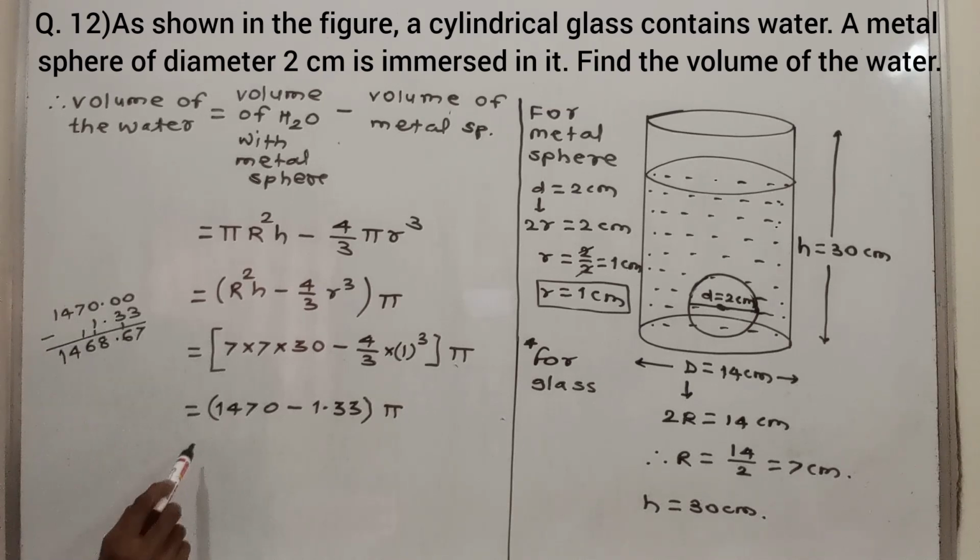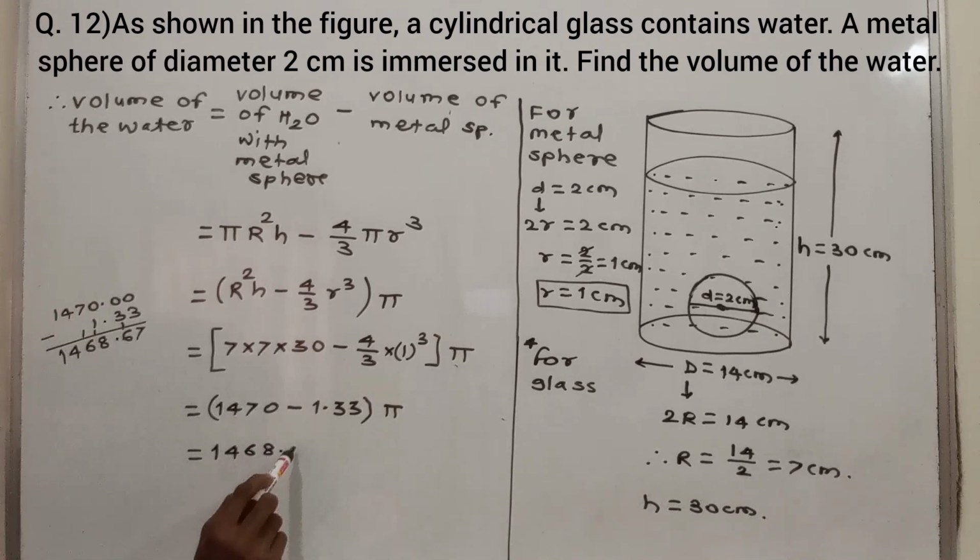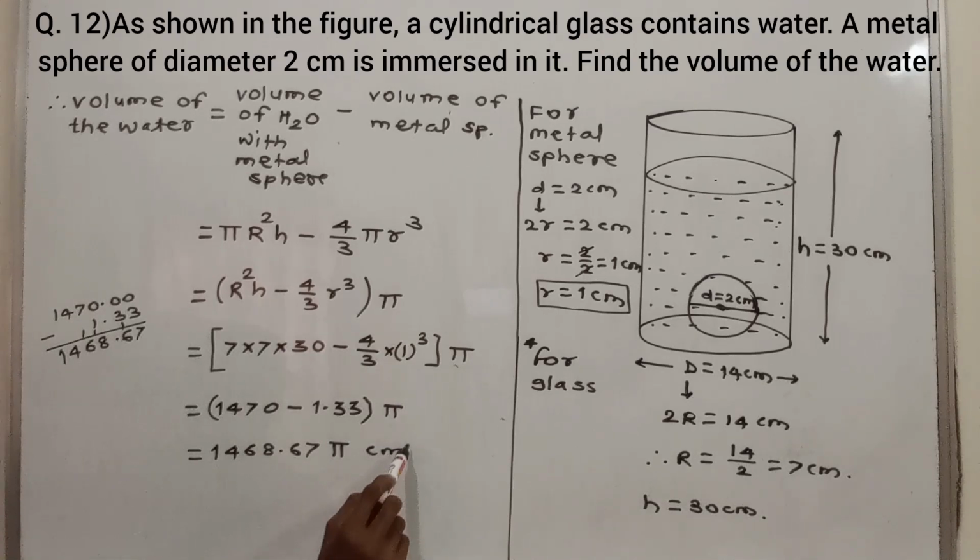Then 4. Therefore, 1468.67 pi. Now this is volume of water, in centimeter cube or cubic centimeter.